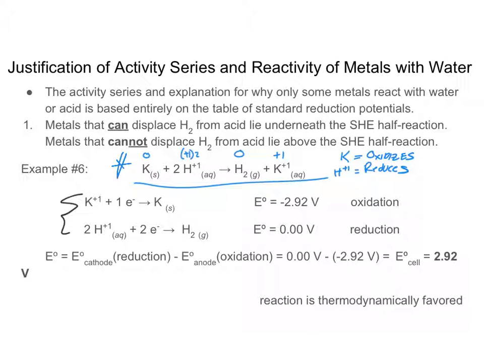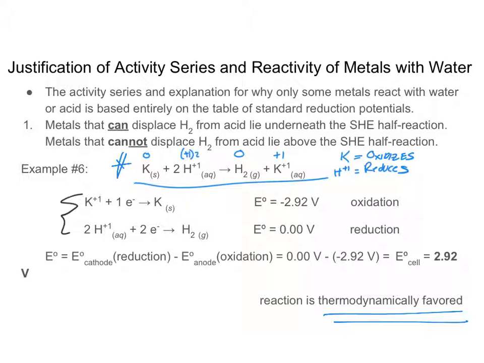Because I now know which one is the oxidation and which one is the reduction, I can simply put it in the cell potential formula and get a value, in this case, of positive 2.92, telling me that the reaction is thermodynamically favored. So Nina, when you asked before why they are written the way that they are in the textbook, this is why. Does that make more sense?